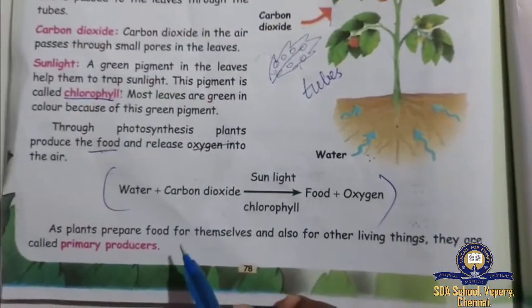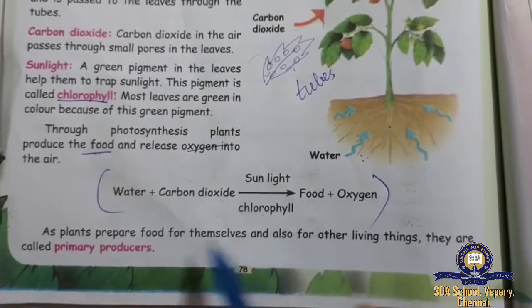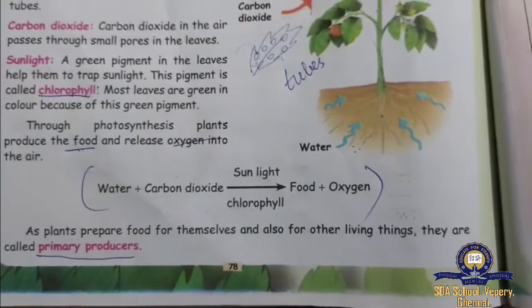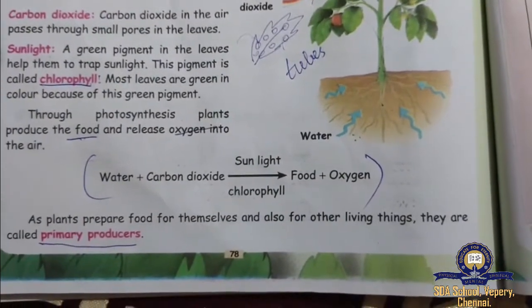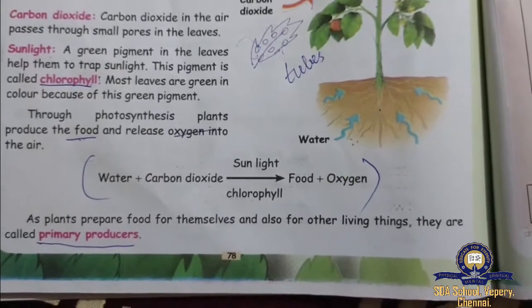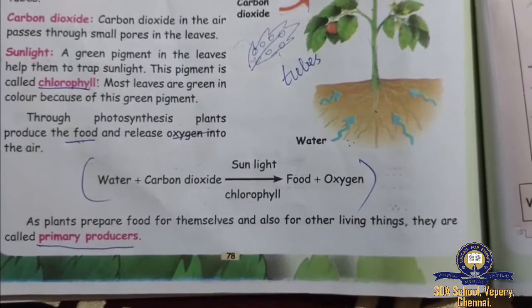As plants prepare food for themselves and also for other living things, they are called primary producers. Why? Because they prepare their own food and also food for other living things.